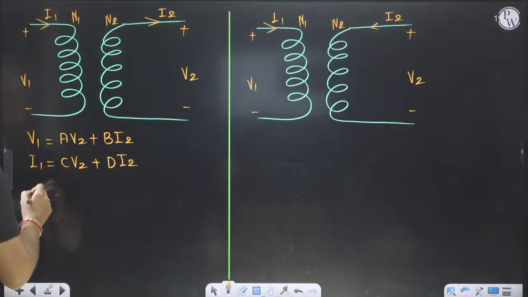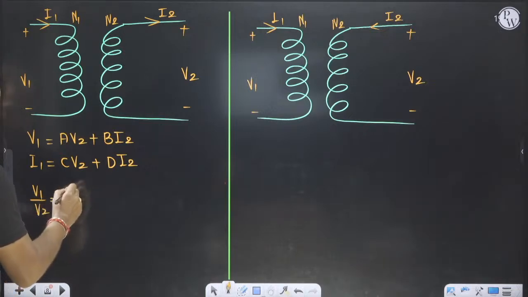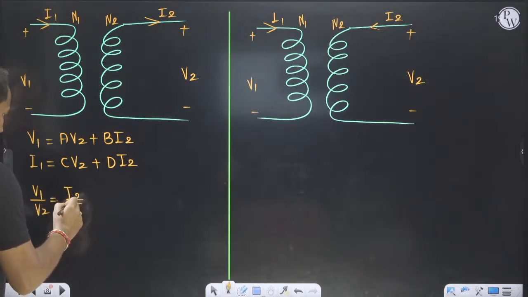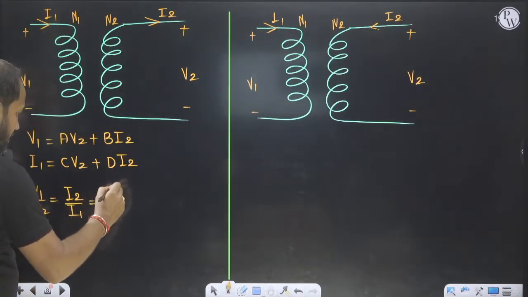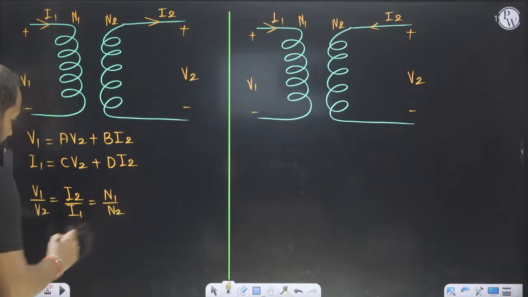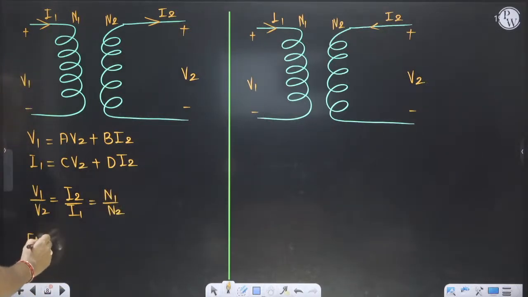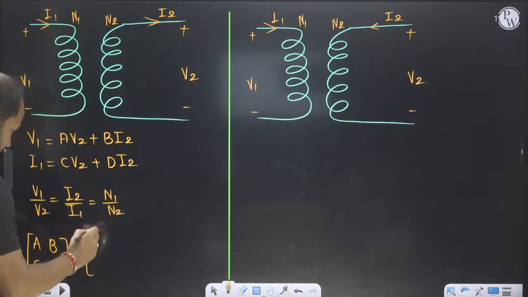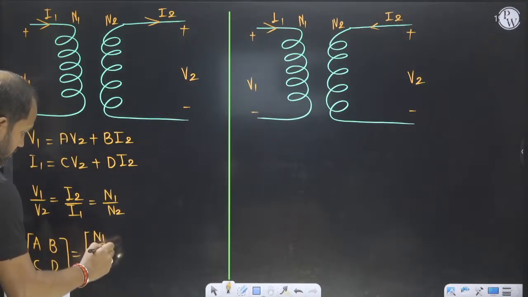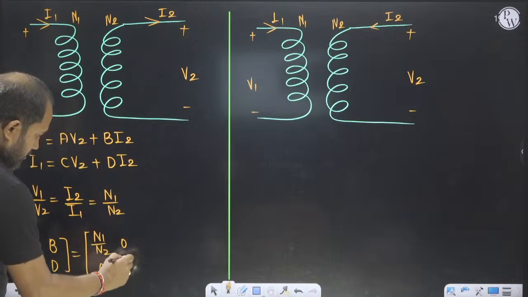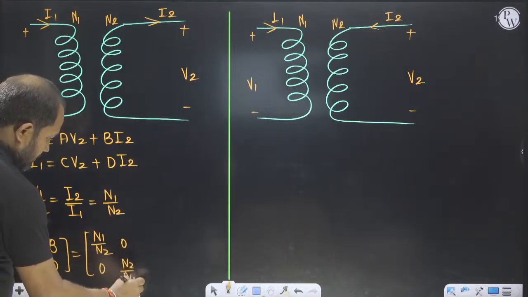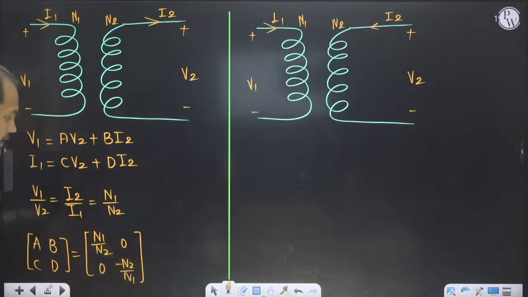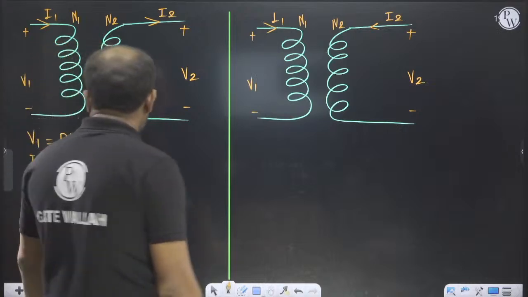And in this case V1 by V2 and I2 by I1 is equal to N1 by N2, and the ABCD parameter will be N1 by N2, 0, 0, minus N2 by N1.